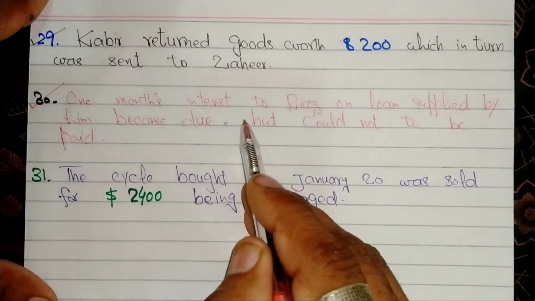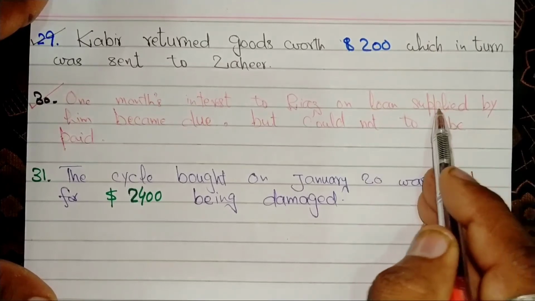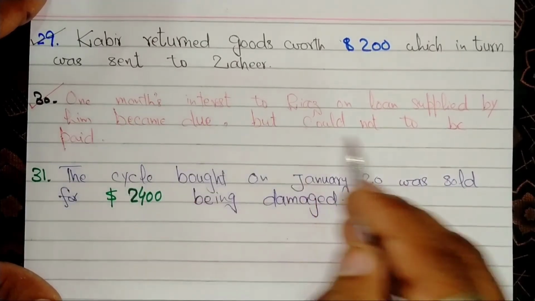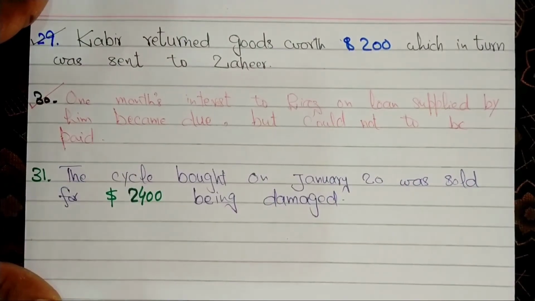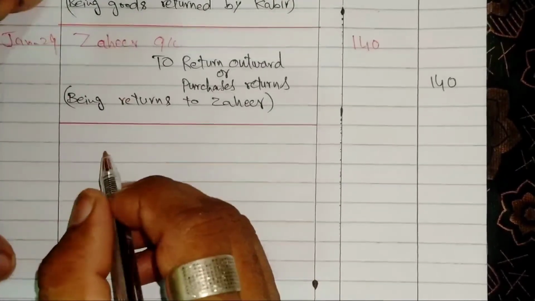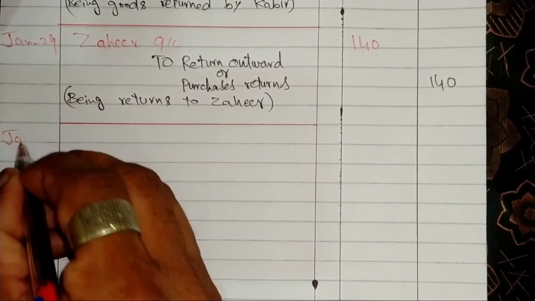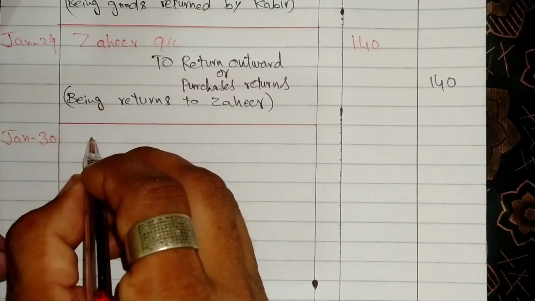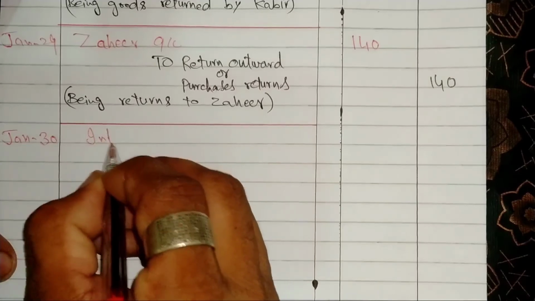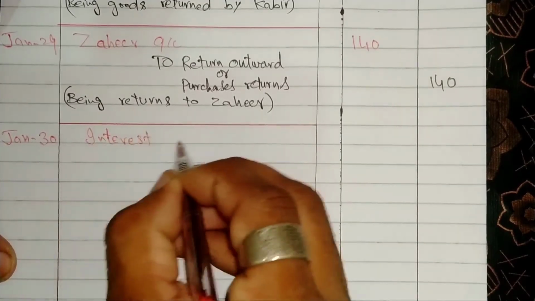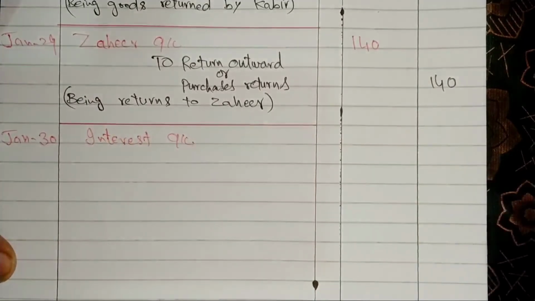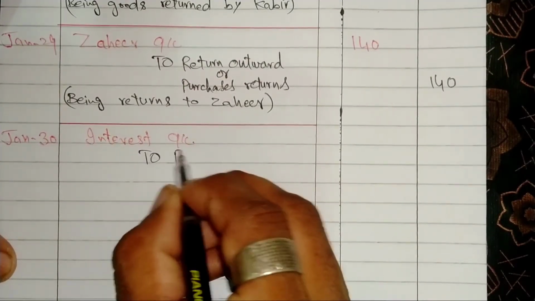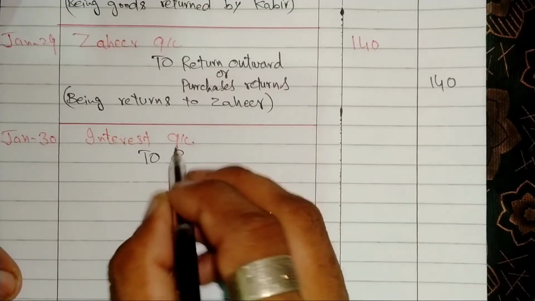The next transaction is on 30th January. One month's interest to Riaz on loan supplied by him became due but could not be paid. The journal entry will be on Jan 30. Interest account debit to Riaz loans account credit.